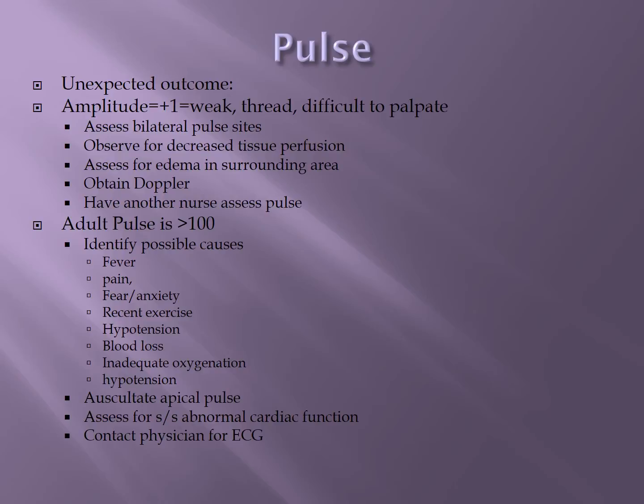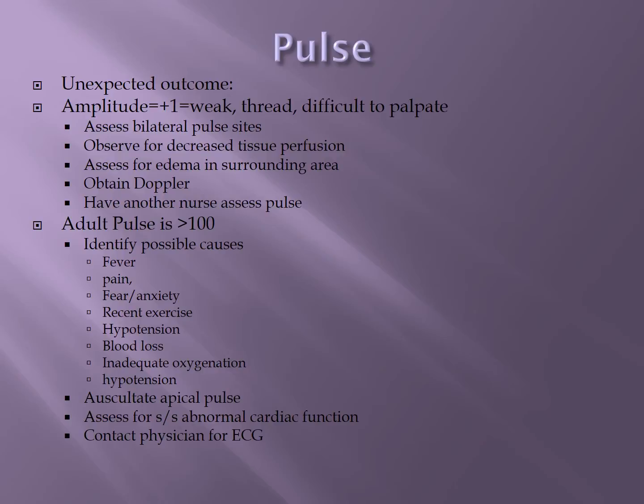Assess for any edema that might be in the area. And then we have a wonderful thing called a Doppler that can listen for heart beats, pulsations, and then again, ask somebody else to assess it. Utilize your coworkers to validate your assessments.